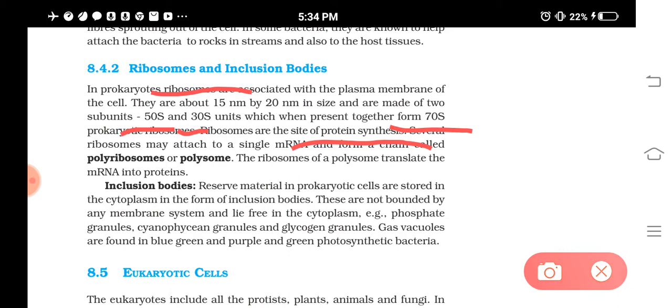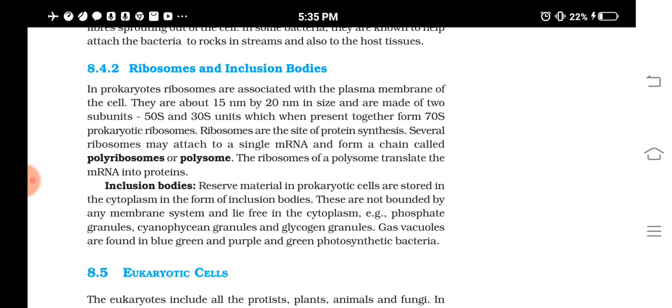What is the function of ribosomes? They help in the process of protein synthesis. How is protein synthesis done in ribosomes? By the polymerization, the combination of a number of amino acids.